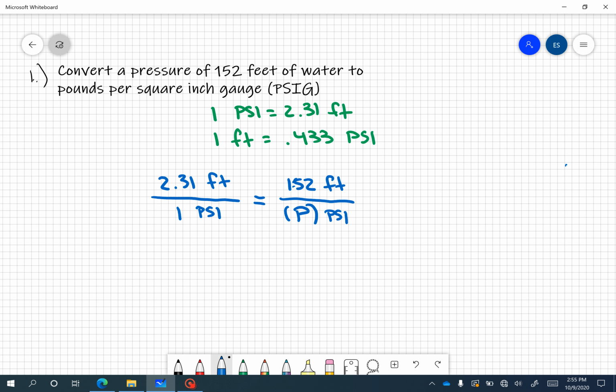And then remember from our homework last week, the way that we can solve ratios is to cross multiply. So we're going to cross multiply. If we cross multiply, we get 152 feet times PSI equals our unknown P times 2.31.